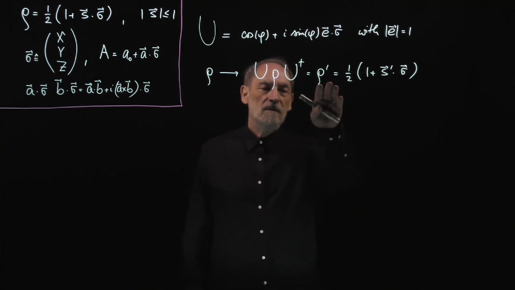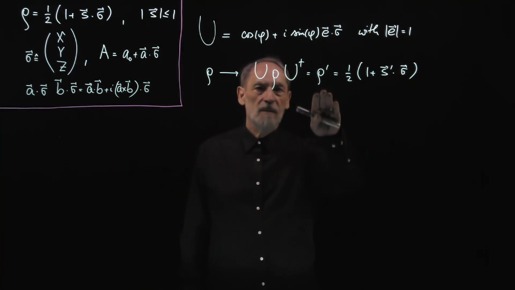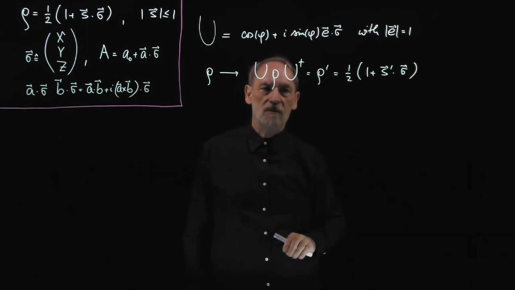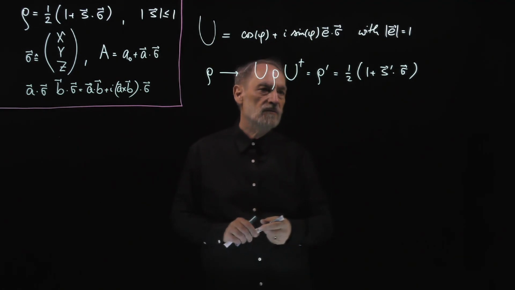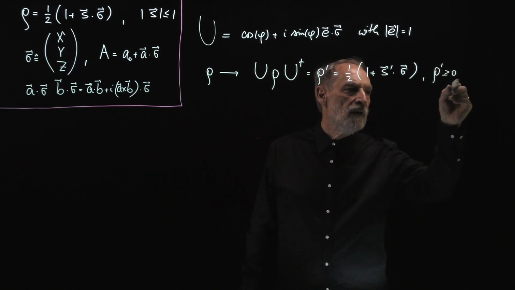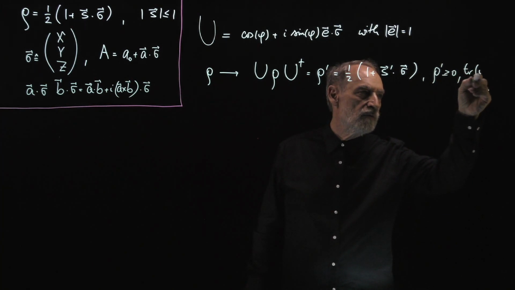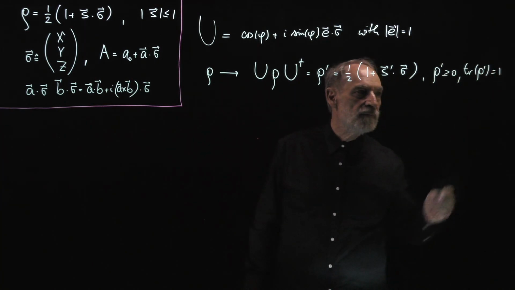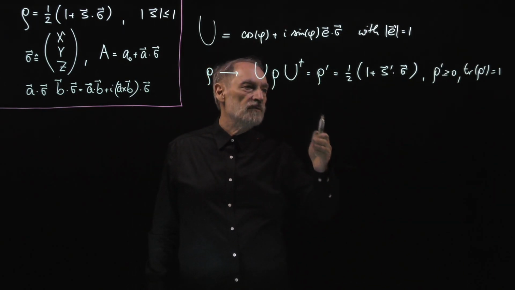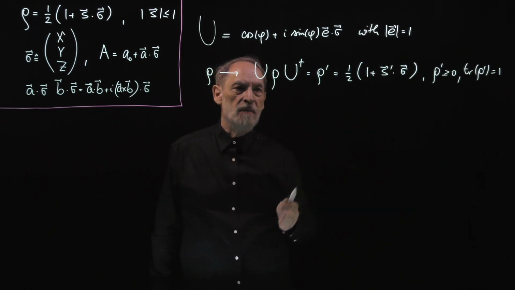We can immediately verify that this rho prime has all the properties that we request of a statistical operator like rho. So we can verify that rho prime is positive, and the trace of rho prime is 1. But the question that I want to address now is, what is S prime?